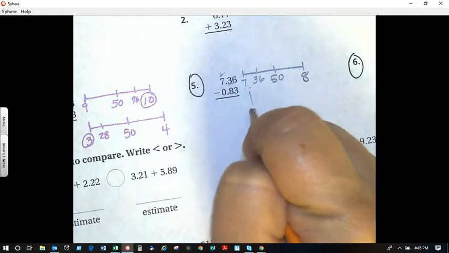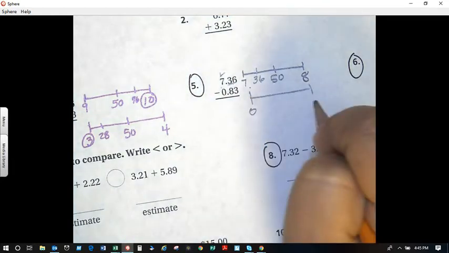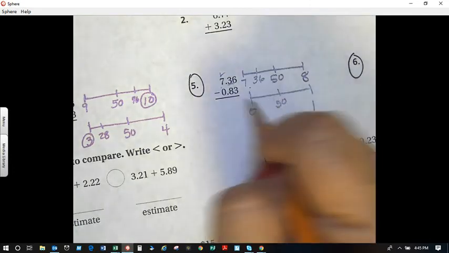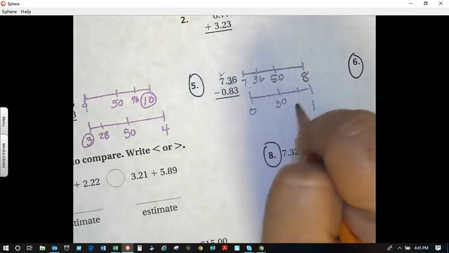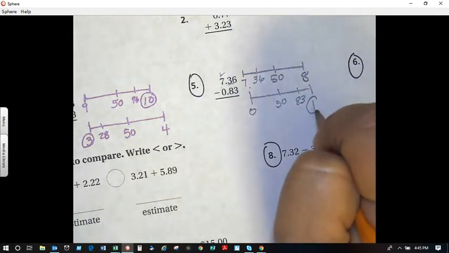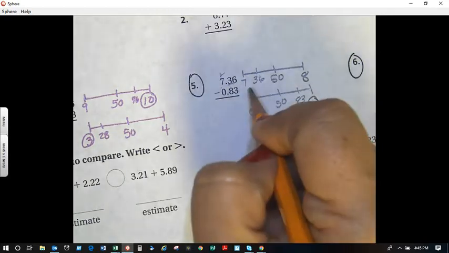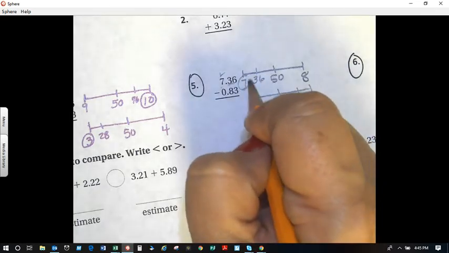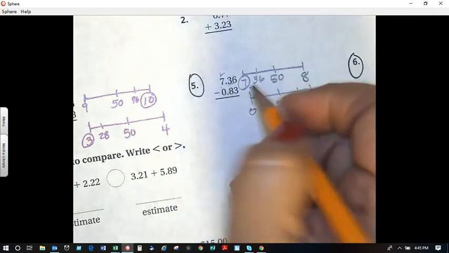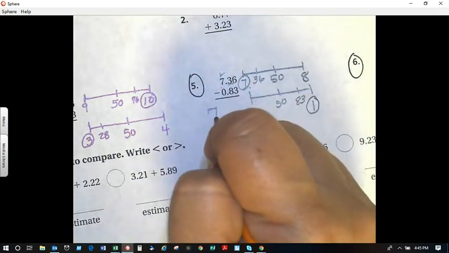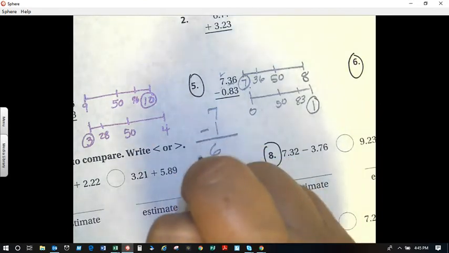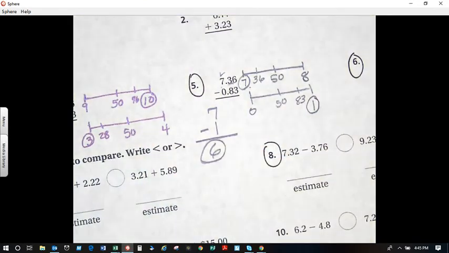It's between 0 and 1, and that's the half mark. Where would I put the 83 hundredths? It'll be over here someplace, and so it's going to be closest to the 1. Here we said the 36 is going to be closest to the 7, right? And so I'm going to have 7 minus 1, and the answer equals 6, and my difference is 6.